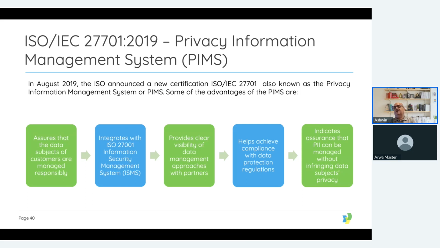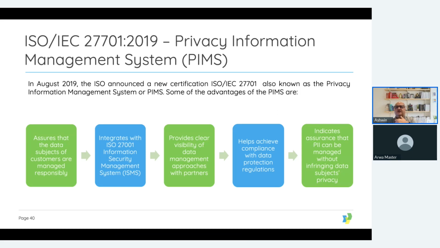Yes, this is important. Just because you have implemented PIMS does not necessarily mean that you are compliant. If you do not implement the controls in their true spirit, you will never ever be compliant. There are certification agencies which sell certificates.